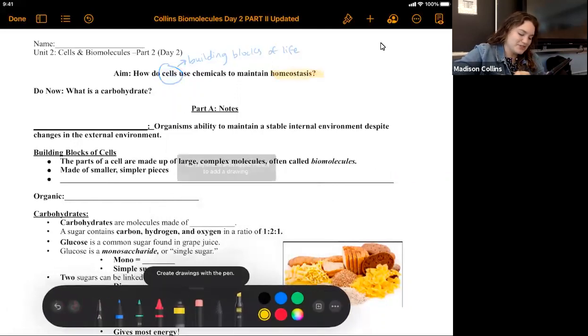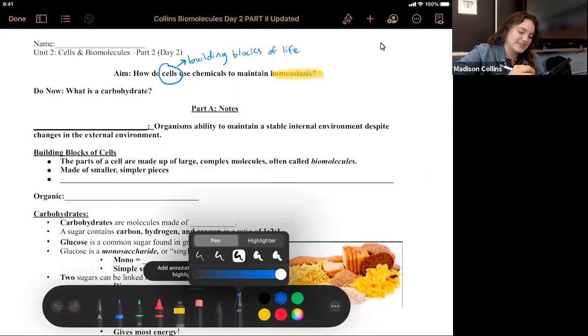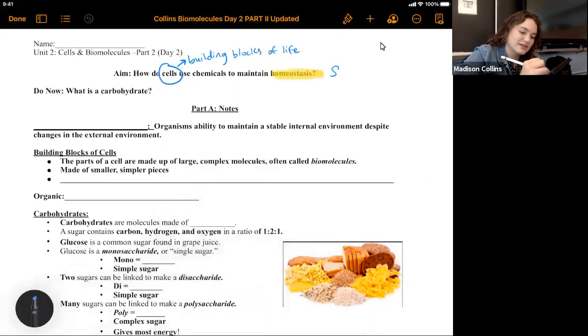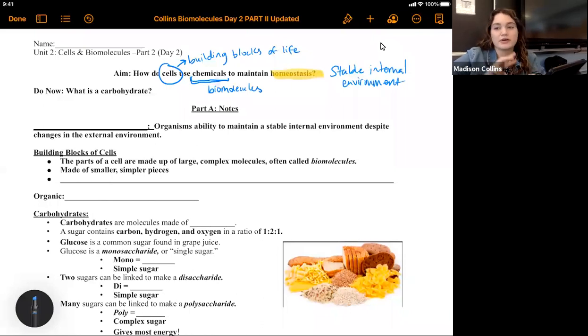You should know that we're talking about maintaining a stable internal environment. And finally, in this case, when we're talking about chemicals, we're actually talking about those biomolecules. And today we're going to learn about 3 different examples of biomolecules.